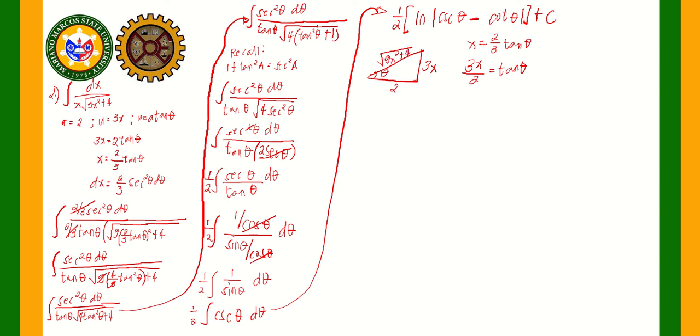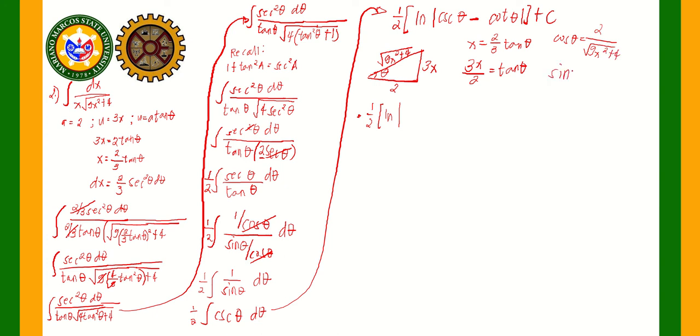Okay? So, yung cosecant natin is 1 over sine. Tama? So, this will be equal to 1/2 times ln of, okay, isulat na lang natin dito si cosine theta. Cosine theta will be equal to adjacent over hypotenuse, that is 2 over the square root of 9x squared plus 4.